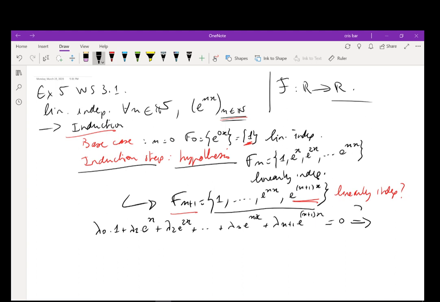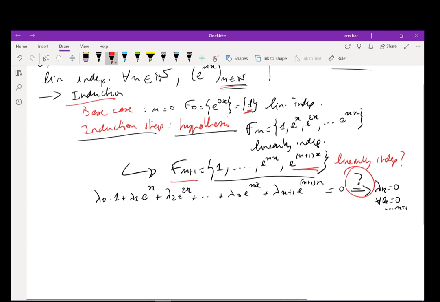The question is, does that imply that lambda k is equal to 0 for all k from 0 up to n plus 1? That's what we have to show in order to get the induction correctly done.